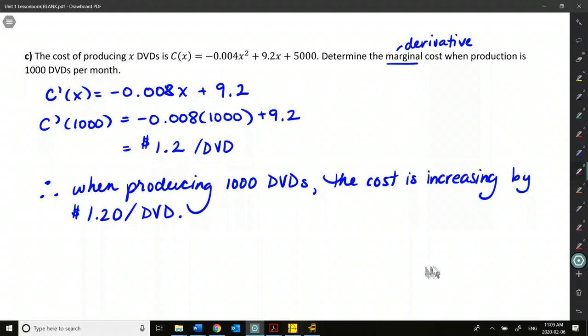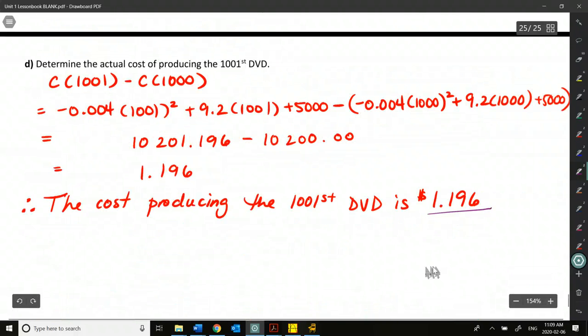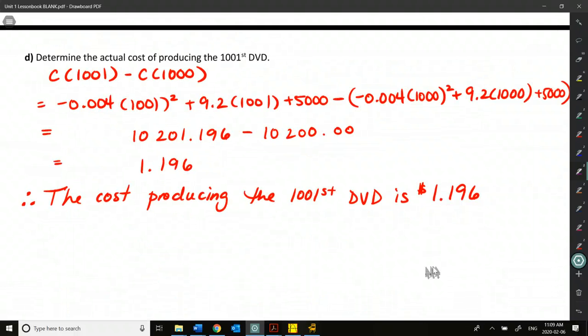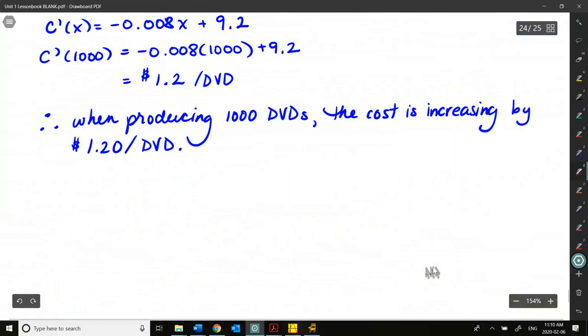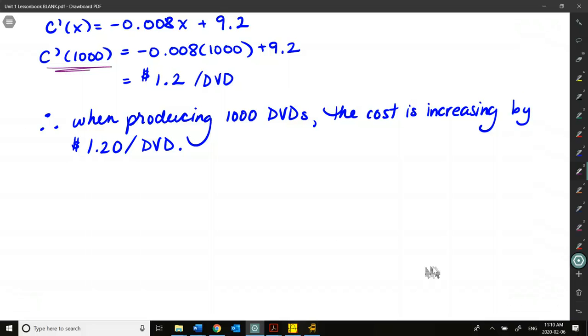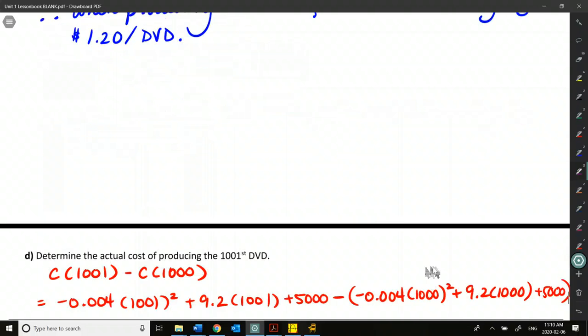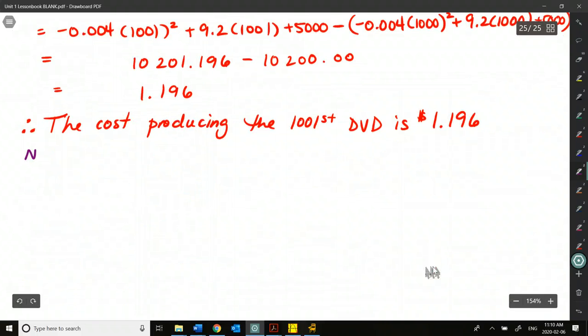Yeah, and it's very similar, right? When we find marginal cost, we're essentially just finding the cost of producing additional DVDs. So when you find the cost of producing the next item, it should be very close to your marginal cost of the number right before it. So we're just going to make a quick little note about that.